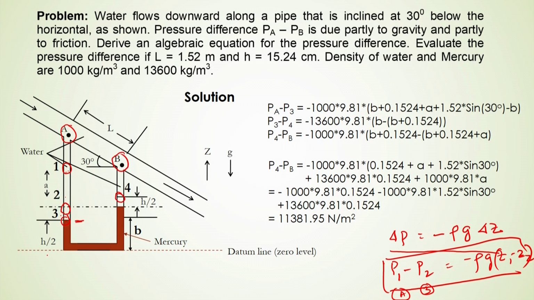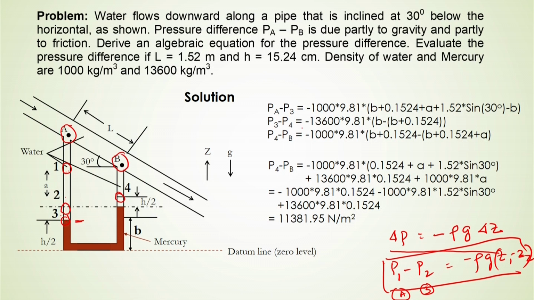If we consider that the datum line is at the bottom of this U-tube manometer, then it will be B, as the length is given up to here. So it will be B plus 0.1524 plus A plus 1.52 into sin 30 degrees, since it is inclined at 30 degrees, and minus B.